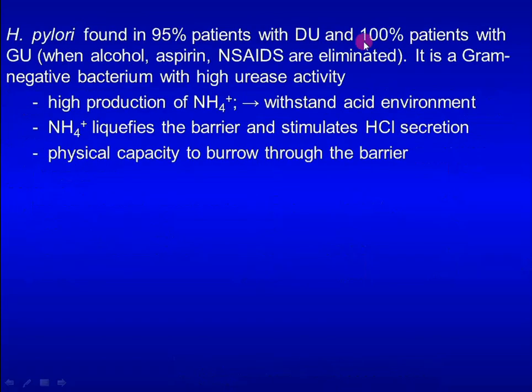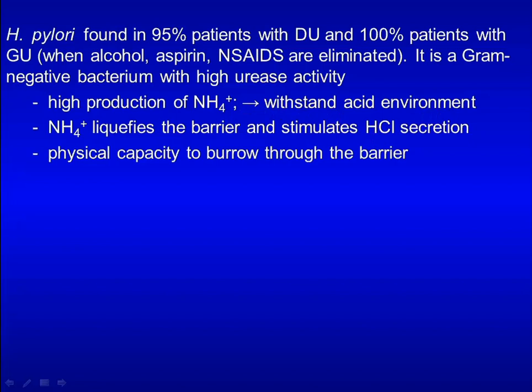Helicobacter pylori is found in most of the patients with peptic ulcer. H. pylori is a gram-negative bacteria with high urease activity. Urease increases production of ammonium, which helps bacteria withstand the acid environment.